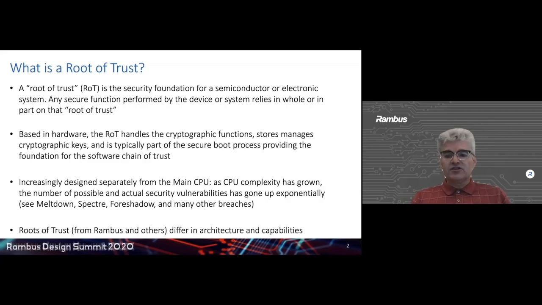They actually are showing up. You may have seen in 2018 the Meltdown, Spectre and Foreshadow attacks, which were all based on flaws in CPUs that were actually built to increase performance, efficiency and capabilities of CPUs.